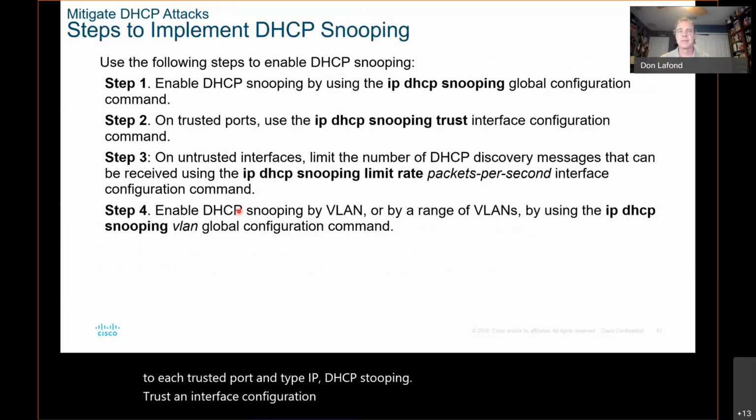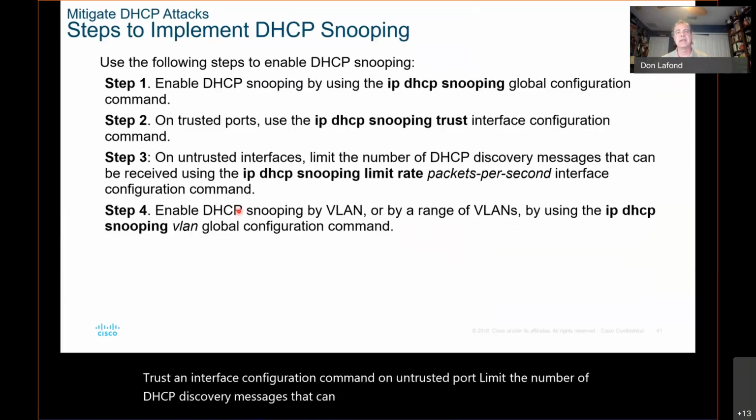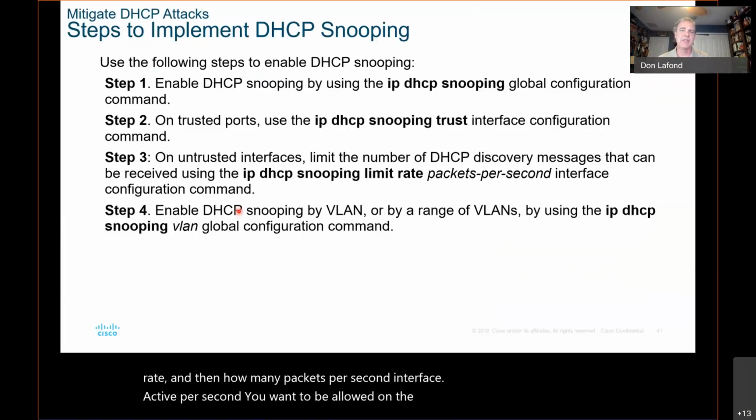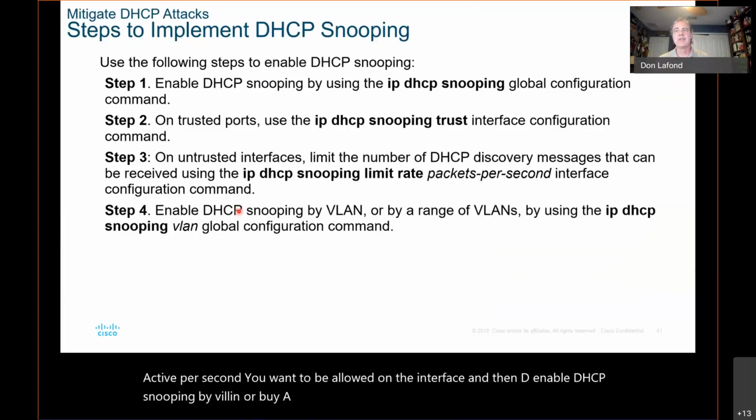On untrusted ports, limit the number of DHCP discovery messages that can be received using the ip dhcp snooping limit rate command, and then how many packets per second you want to be allowed on the interface. Then enable DHCP snooping by VLAN or by a range of VLANs by using ip dhcp snooping vlan, and then put in the VLAN that you want to work.